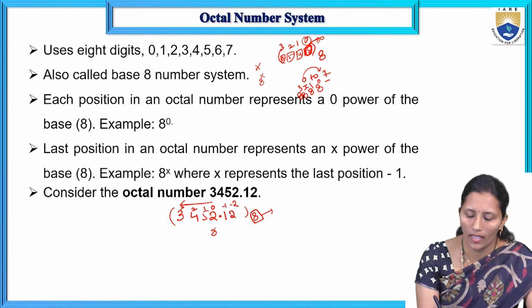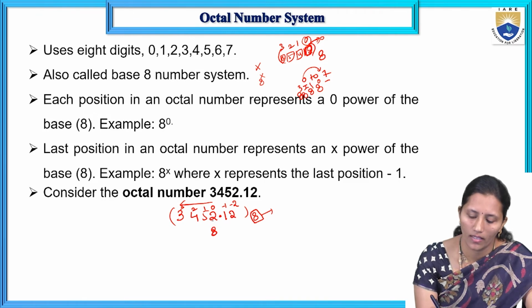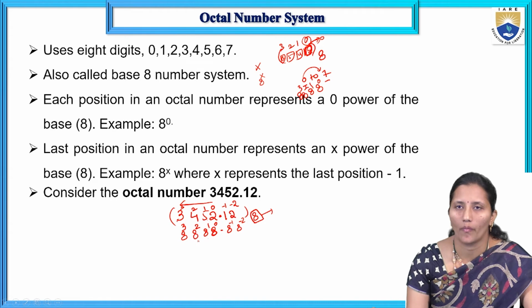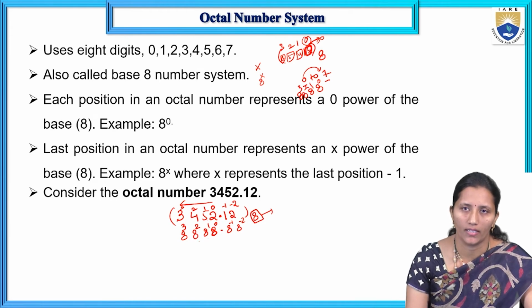Okay. The weights of the digits are 8 power 0, 8 power 1, 8 power 2, 8 power 3, 8 power -1, 8 power -2. Okay, so here 3 into 8 power 3 plus 4 into 8 square plus 5 into 8 power 1 plus 2 into 8 power 0, 1 into 8 power -1, 2 into 8 power -2, we will get the same weighted sum of the individual digits.